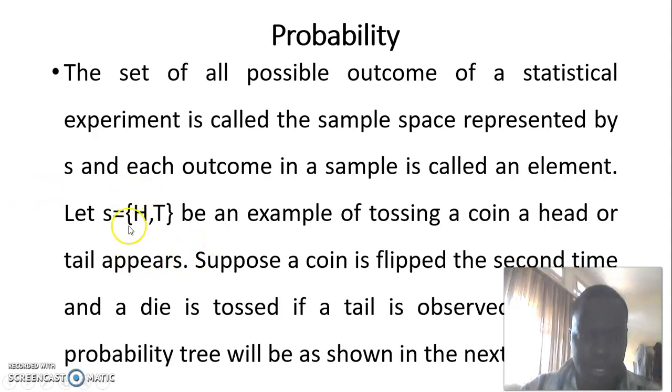Suppose this coin is flipped a second time and a die is tossed if a tail is observed. Then the probability tree will be as shown in the next slide.